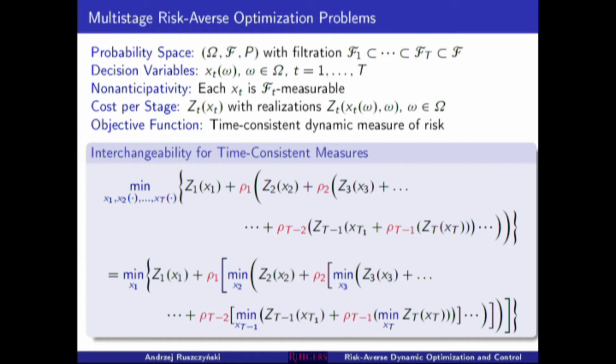Okay? And if we have a cost z at each stage, then we may try to optimize the sequence of such costs by using a time-consistent dynamic risk measure. Now, as we remember, time-consistent dynamic risk measures under these simple assumptions that I presented earlier have a very special structure.